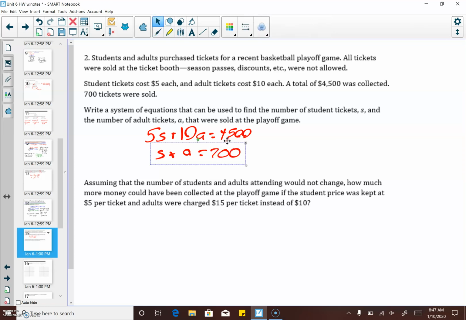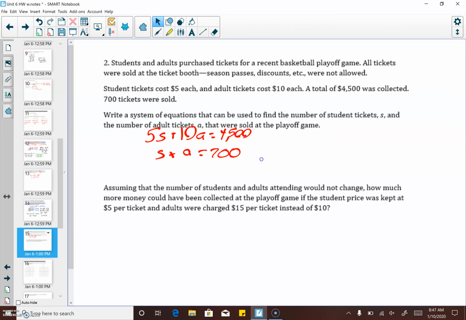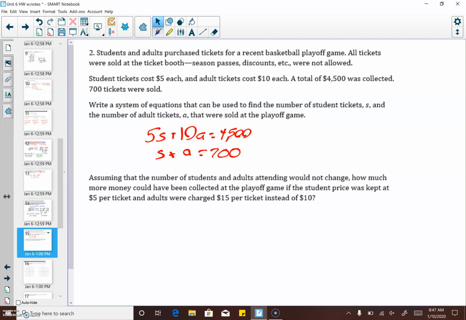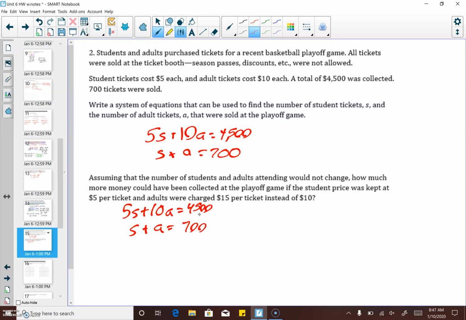So what I need to do is carry down our system here. So we're going to copy it down. So 5S plus 10A equals 4,500, and then S plus A equals 700.